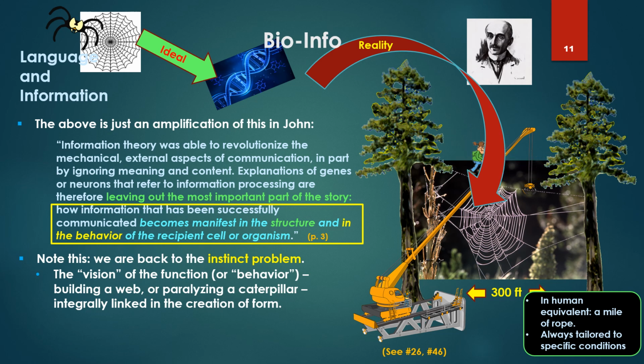In human equivalent, we've got two trees, 90 or 100 feet tall, 300 feet apart, the equivalent of a mile of rope being used, 5,000 feet of rope, always designed, tailored to the specific condition involved with the trees, the configuration of the bushes, etc. So extremely complex behavior, but somehow being carried in supposedly this DNA structure, because the baby spider can do this instantly when first born.